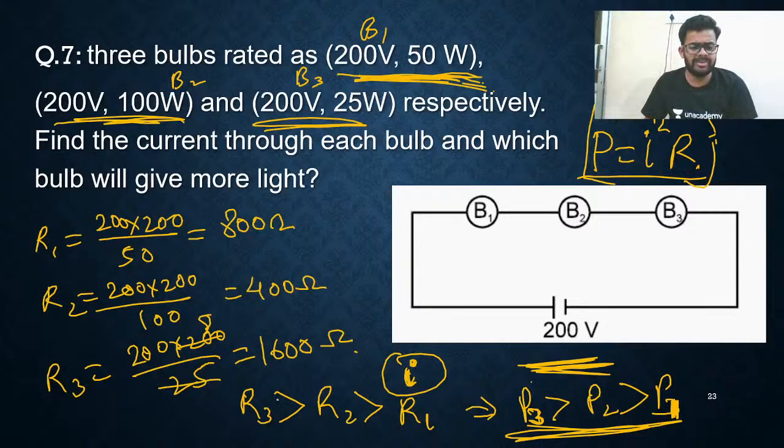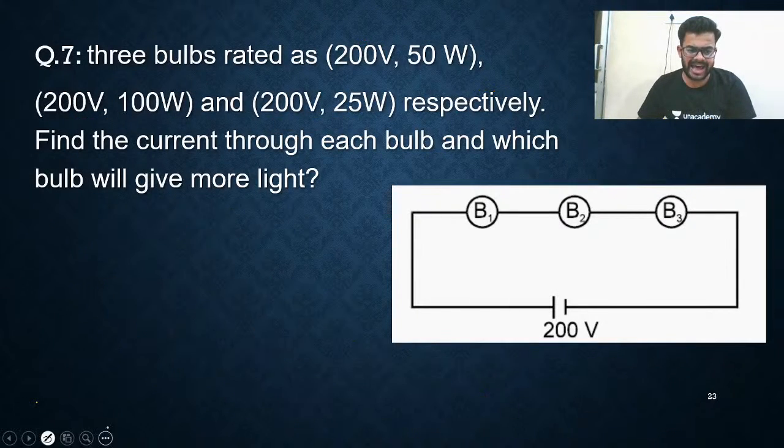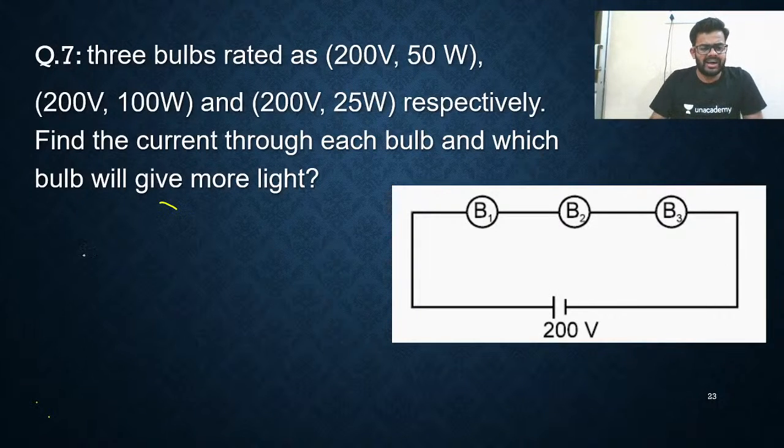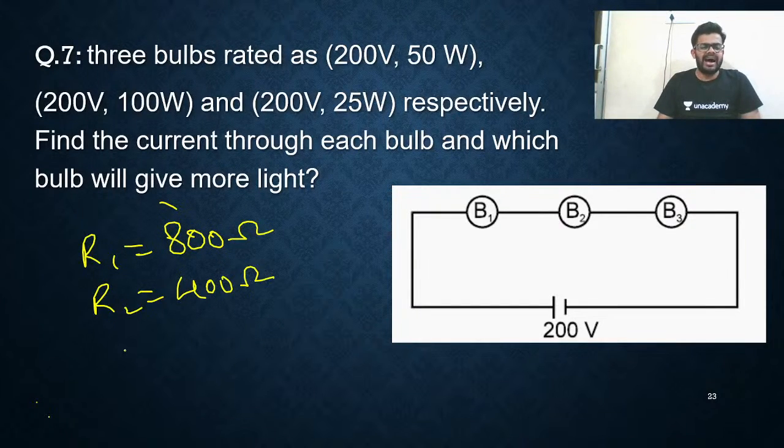Oh my dear, just a minute. I have written something wrong, and your answer is correct. Bulb 3 will be the brightest, but I have written something wrong here. R1 we got 800 ohm, R2 we got 400 ohm, and R3 we got 1600 ohm.